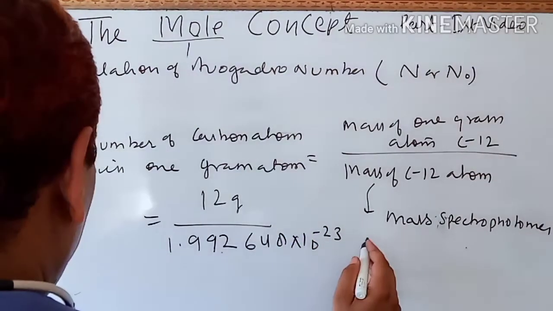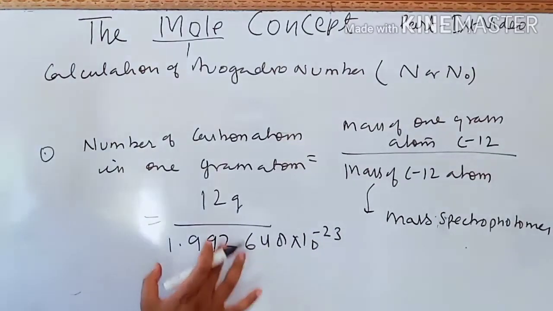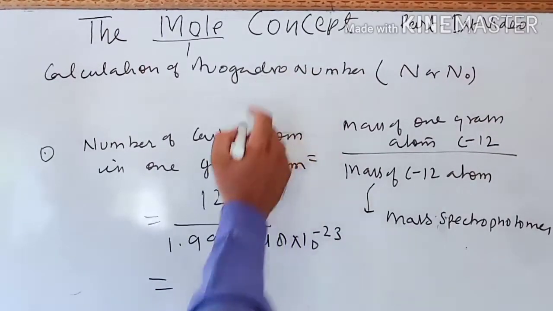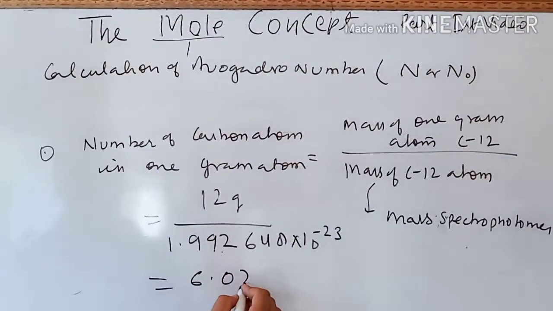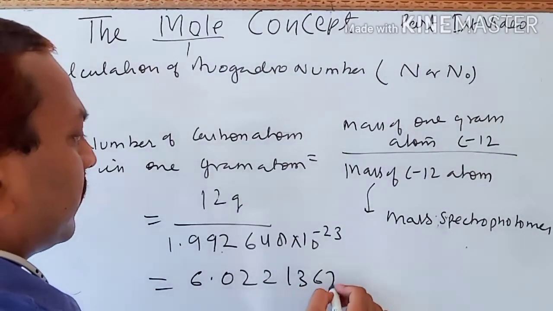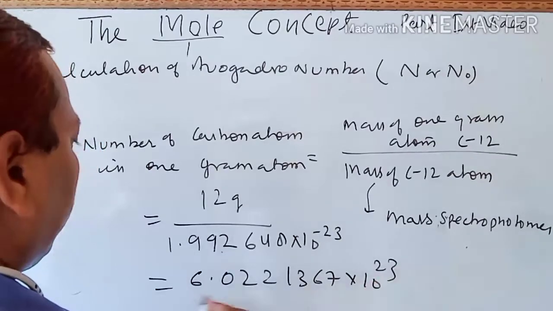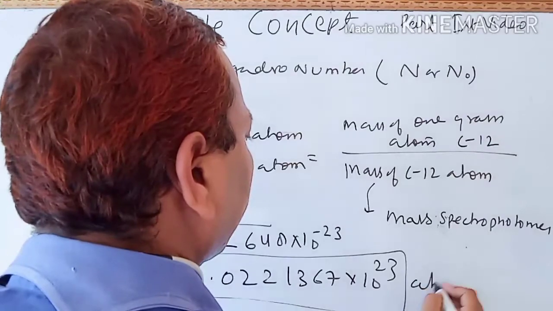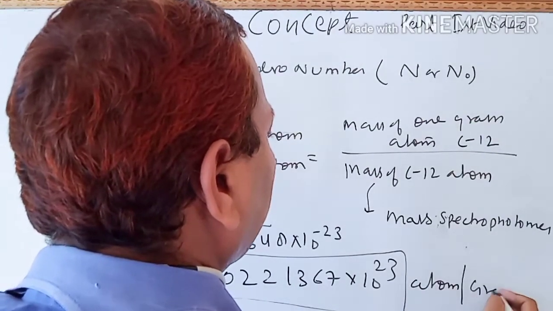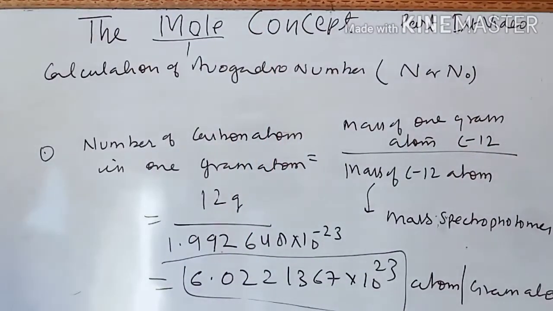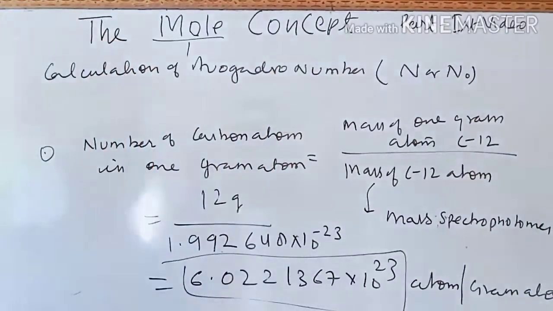So children, when you divide this number by this, it gives the value 6.0221367 into 10 to the power 23 atoms per gram atom. So this is the calculation.